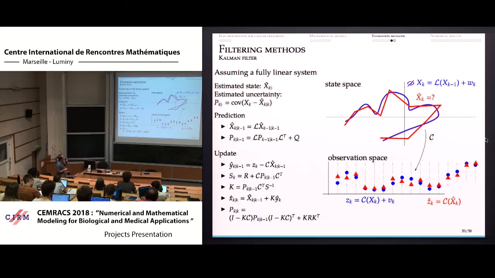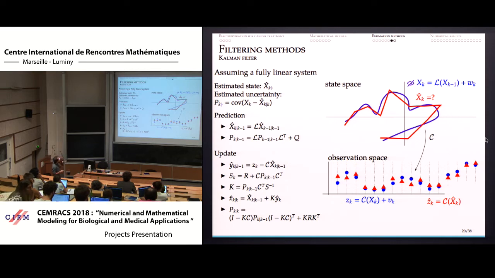If you have a time-discrete evolution, then the evolution is given by this operator L, which is linear, plus some noise. The noise is not noise on the measurement; it models the dynamics of the system that you don't know. L, however, you know.